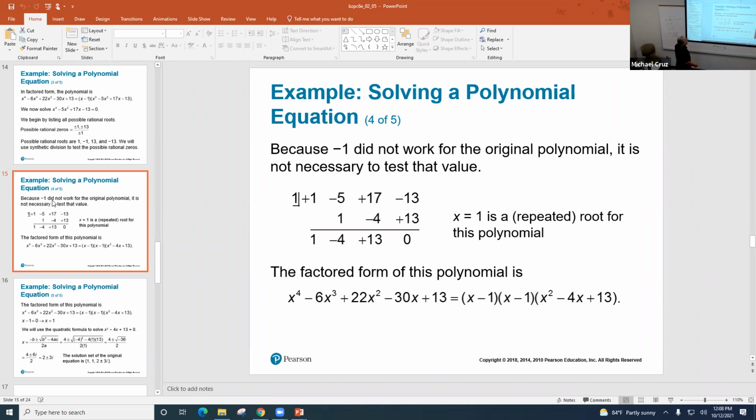What this essentially means is that's x minus 1 times x minus 1, or x minus 1 squared. So back to the 2.3, that means the graph kisses at that point. It doesn't cross because there are 2 of them at that point. So it touches and comes back down.